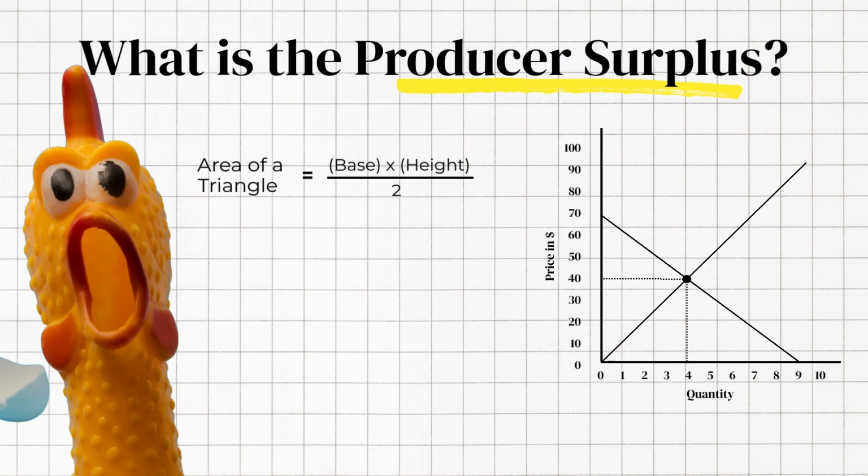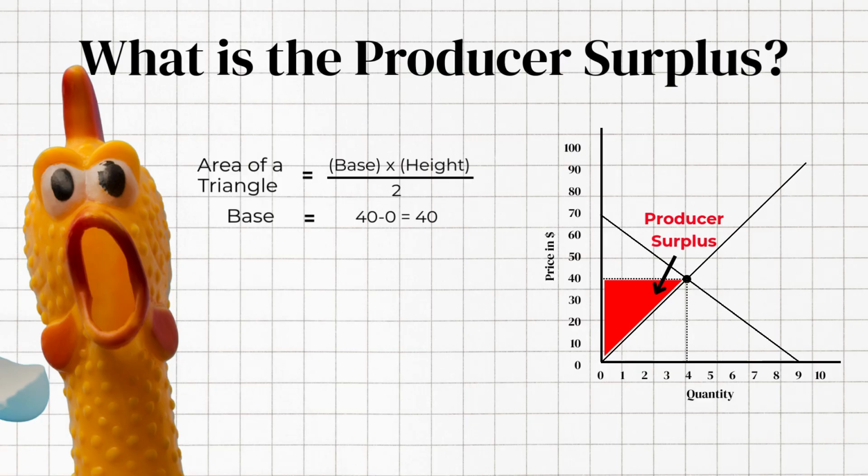For producer surplus, we're looking at the area below the price level, but above the supply curve. So this triangle here. The base is the price, $40, minus the lowest possible price, which in this case is 0. By the way, be careful, because the lowest possible price won't always be 0. Not all diagrams start at 0, so watch out for that.